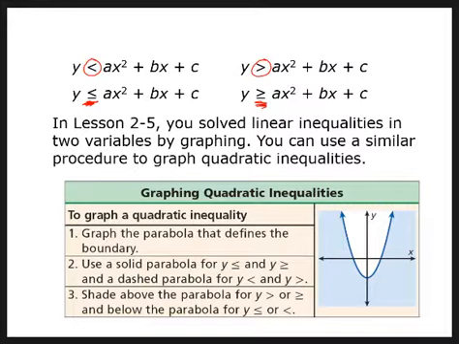Then we have to do a little bit of shading, because remember, typically with an equation, the points that satisfy that equation are points that actually lie directly on the parabola. In this case, yes, in some cases the points that happen to be on the parabola are solutions, for example, if you have your equal to aspect to your inequality sign.